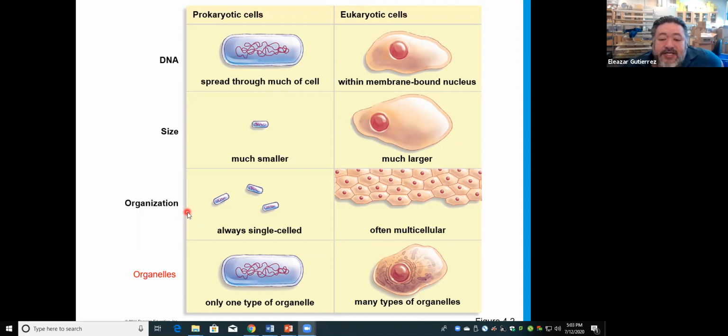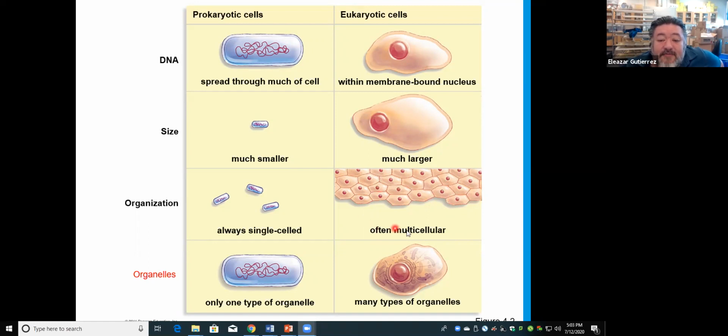Organization: eukaryotic cells can be single cell protozoa. However, we know them to form tissues, and tissue systems, and we know them to make organs, and we know them to build organisms such as ourselves.